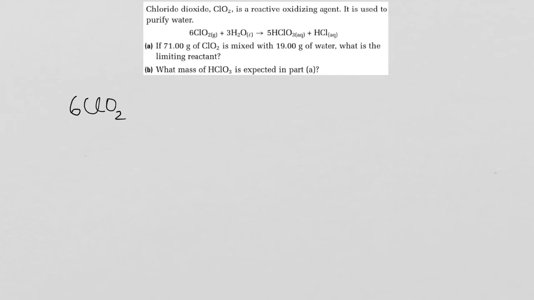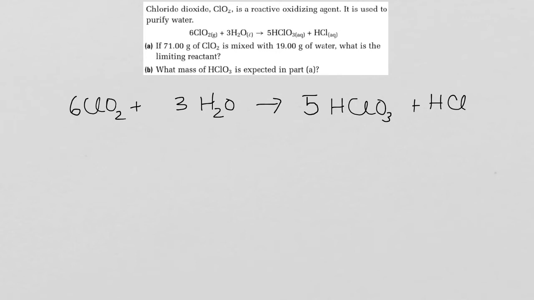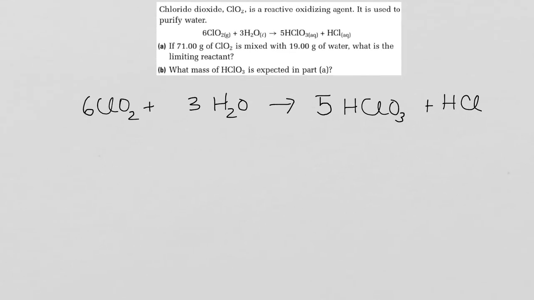6ClO2 plus 3H2O reacts to produce 5HClO3 plus HCl. And they are giving us 71.00 grams of this and 19 grams of water.